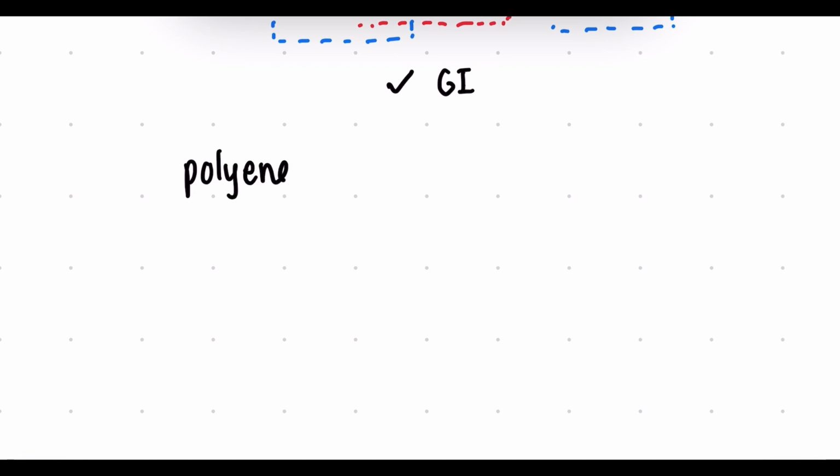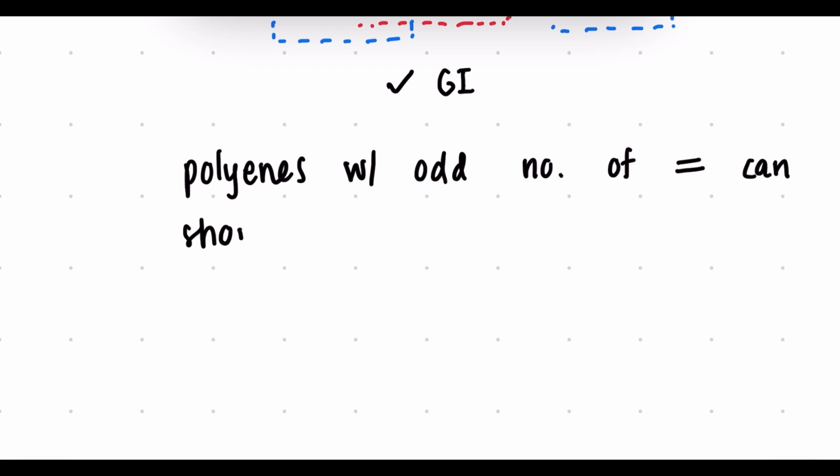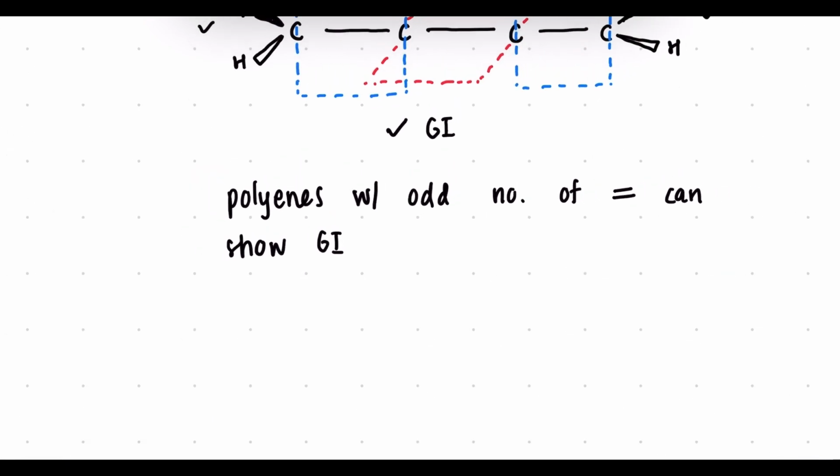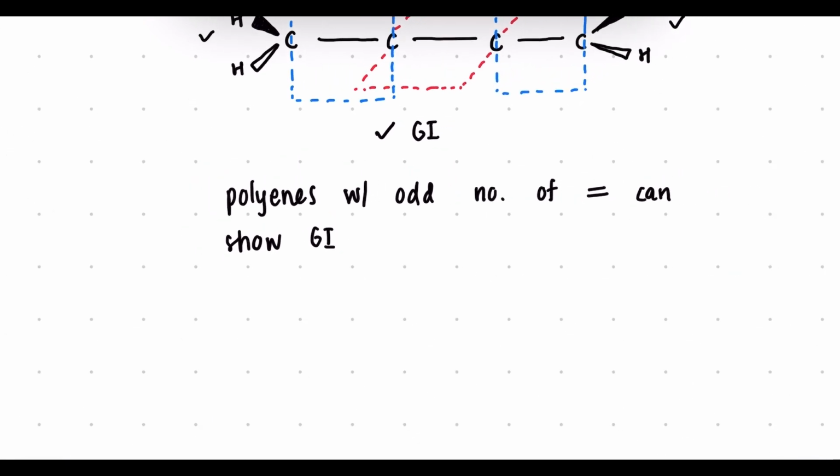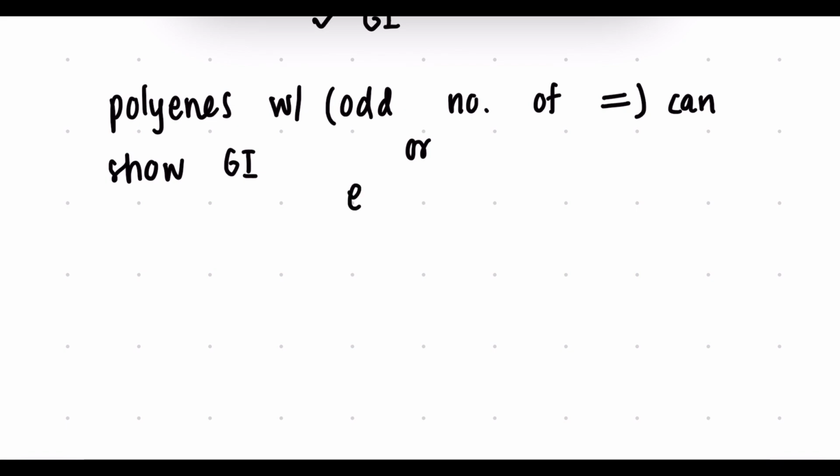Polyenes with odd number of double bonds can show GI. So either it's an odd number of double bonds, or an even number of carbons.